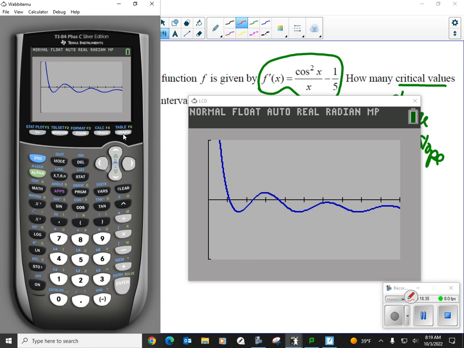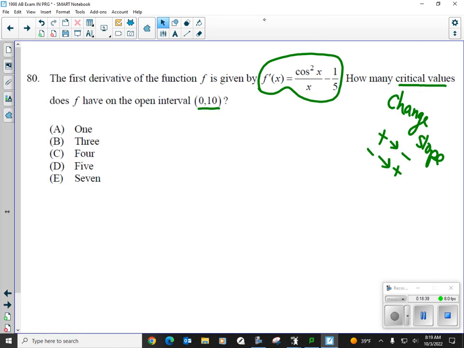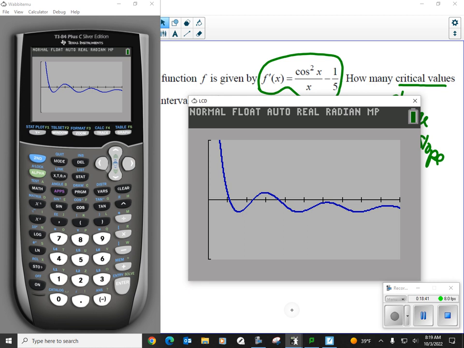Again, if this is the derivative of f, or the slope, they're all positive above, and they're all negative below. So right there, there's one change. Then right there is another change.